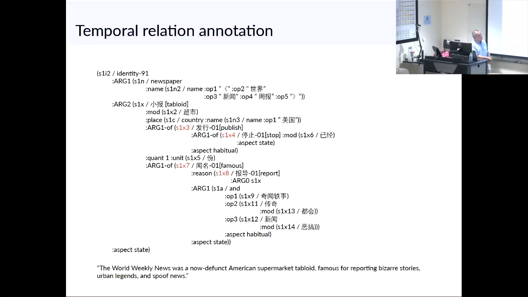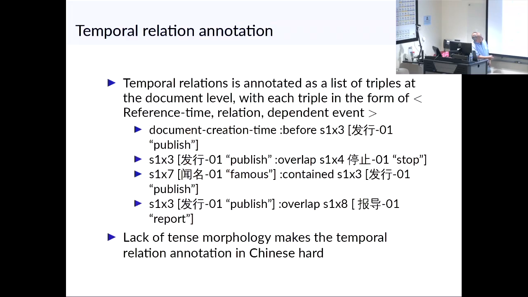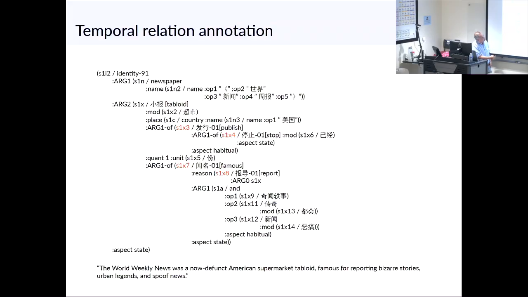Okay, so here, these examples. Going back to this example here, what do we do with the time? This publishing kind of overlaps with the stop. It says the stop here, and then the publishing.